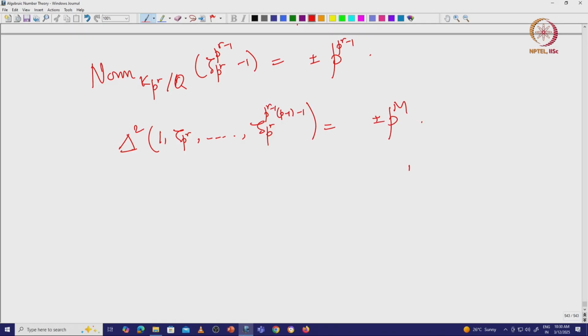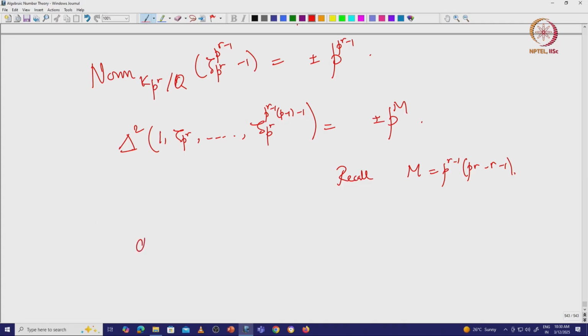Remember, recall that m was this quantity p^{r-1}(pr minus r minus 1). Okay. And so how do we find the sign of this now? Well, we still haven't proven that this is the integral basis, but okay, let me prove that first and then we go to the sign.